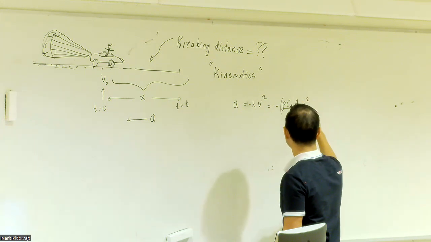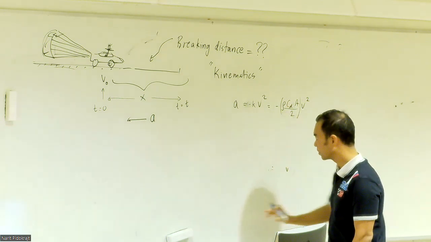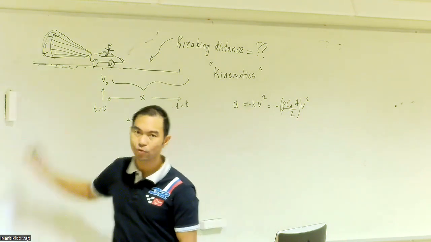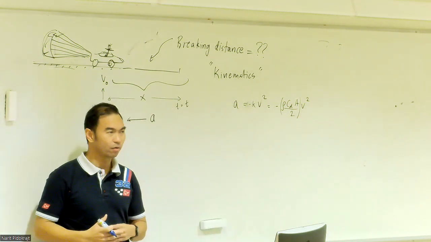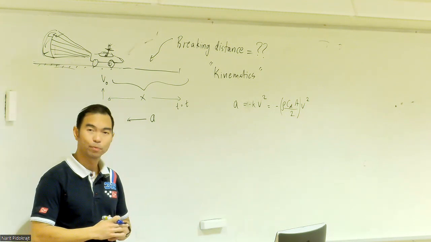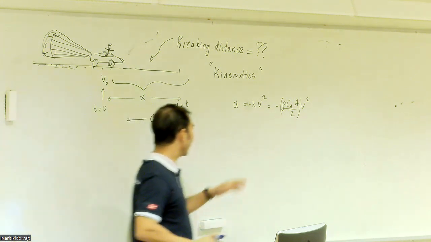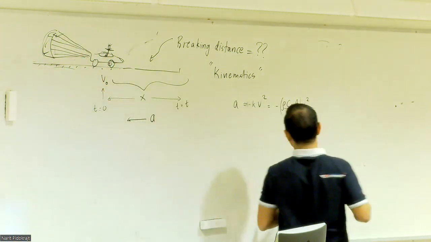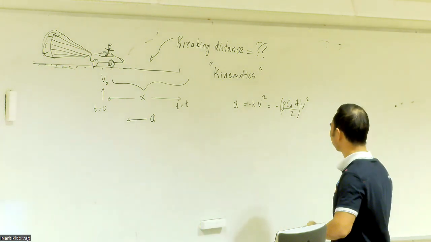Rho is the air density. Cd is the drag coefficient, and the drag coefficient of a parachute can be found from the manufacturer, or you can compute it or figure it out with the help of a wind tunnel. And A is the surface area, which can also be taken from the manufacturer. They know exactly how big the parachute is, right?